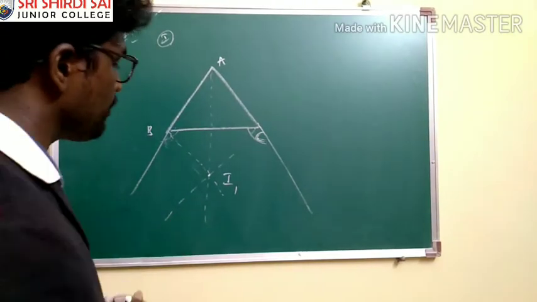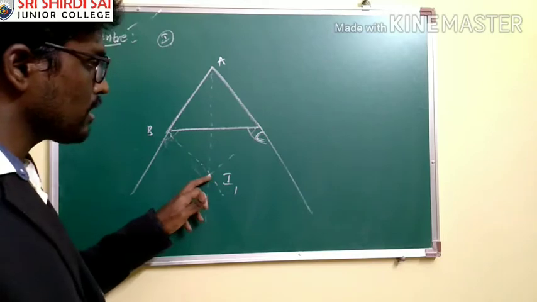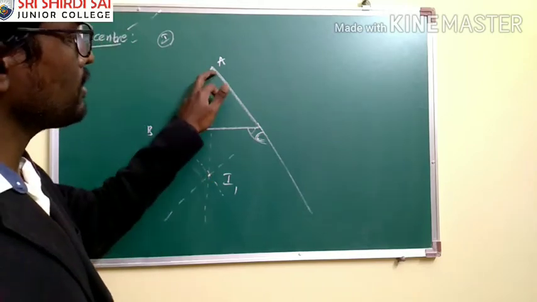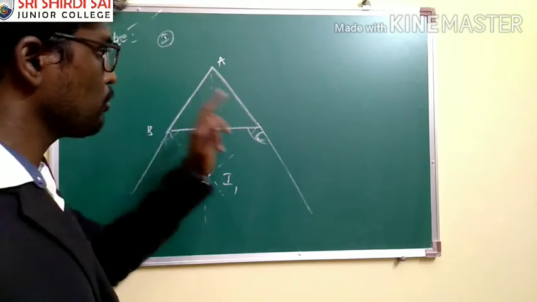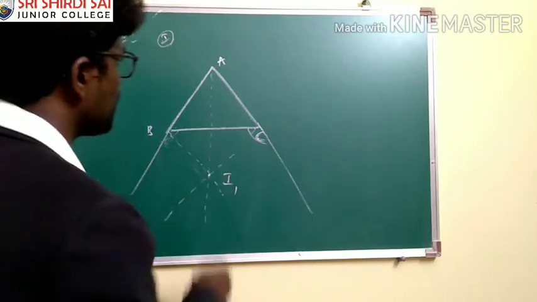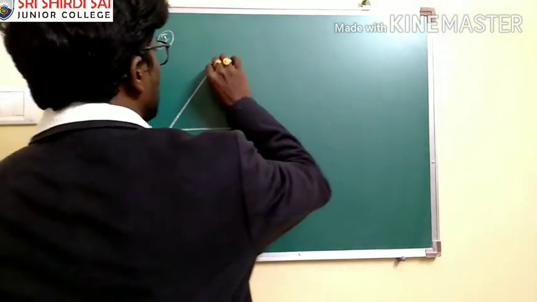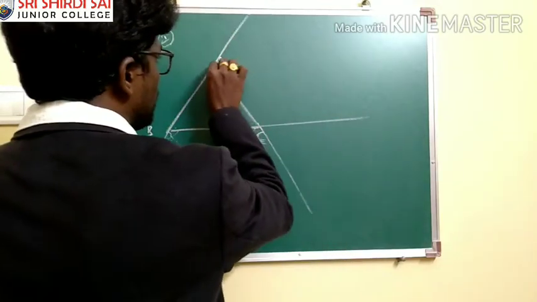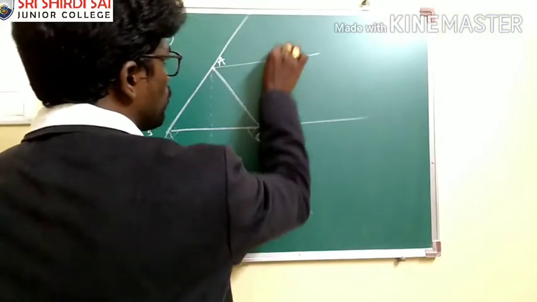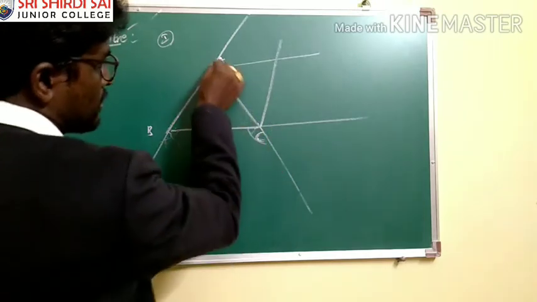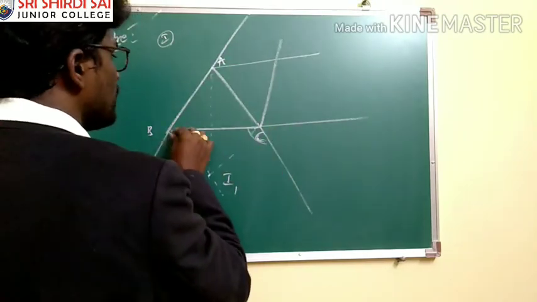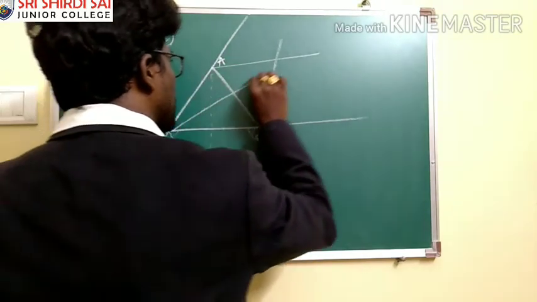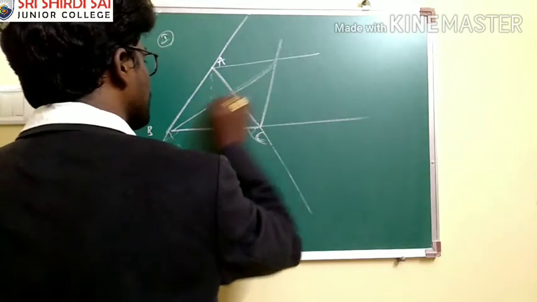Because there are such possibilities opposite to vertex A, opposite to vertex B and opposite to vertex C. When I extend BA and also BC, I will get another excenter by taking the two angular bisectors of external angles and one internal angle bisector from vertex B.